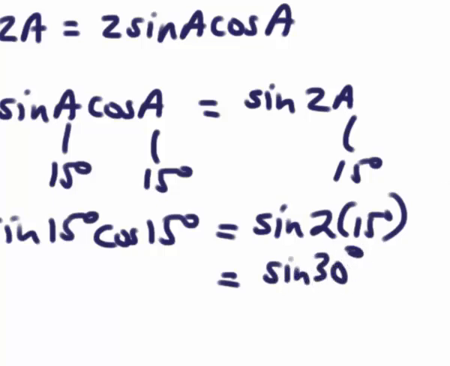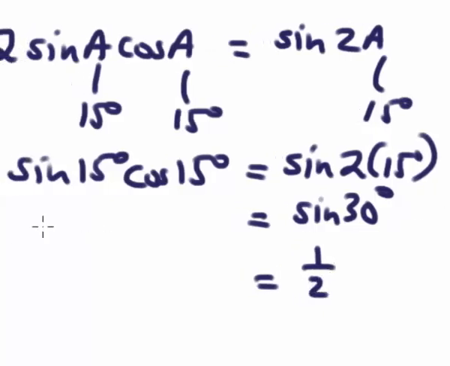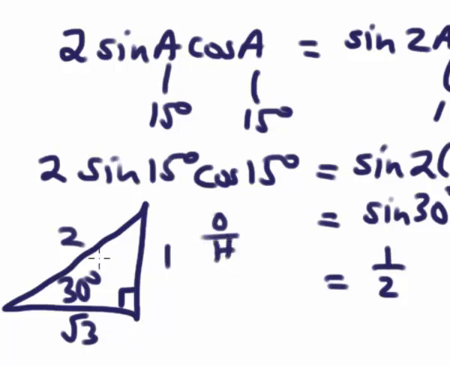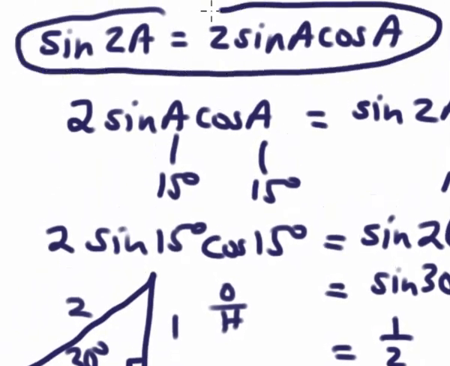So you've got yourself a special angle there. Sine of 30 is a half. Remember, you can either use your special angle triangles, or if you want to, you can be naughty and use that calculator. Remember, sine is opposite over hypotenuse from earlier years. Opposite over hypotenuse is a half. But isn't that amazing? This formula that you get on your formula sheet that's a double angle can be used.